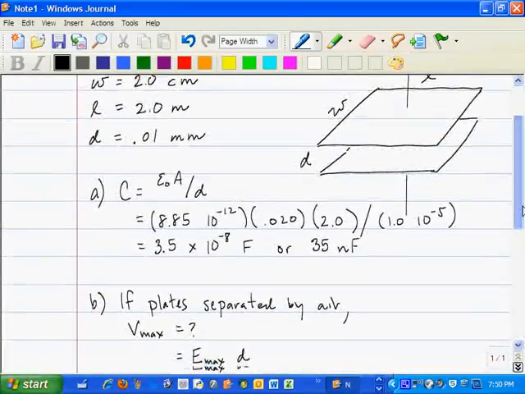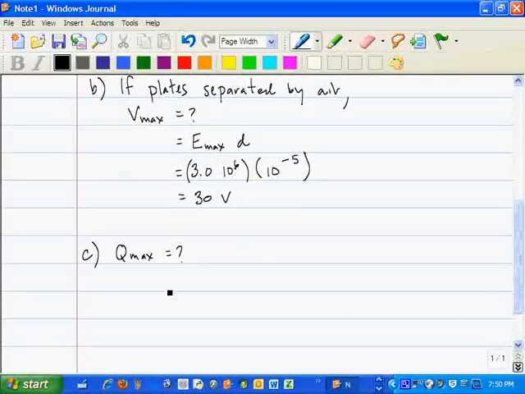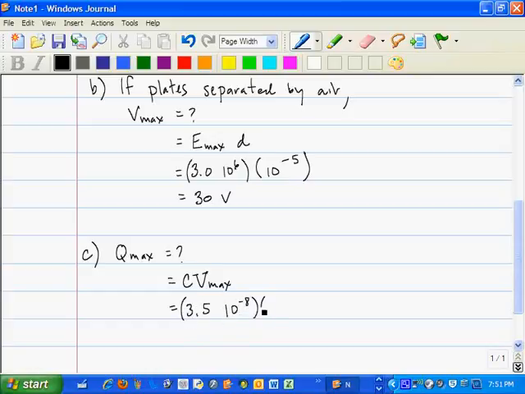Let's calculate the maximum amount of charge we can store on the capacitor. That would just be given by the capacitance, which is a constant, times the maximum voltage that we can have. So this is 3.5 times 10 to the minus 8th, and the maximum voltage we can have is 30.